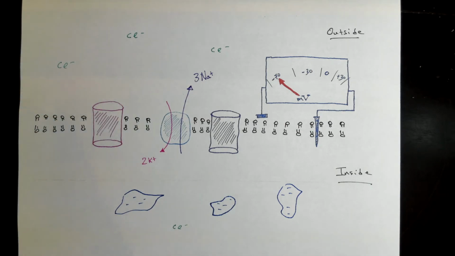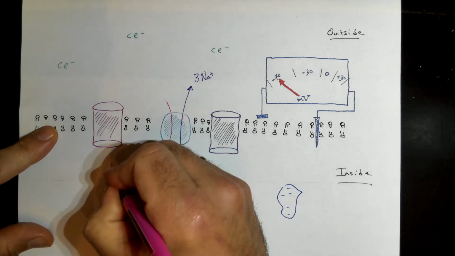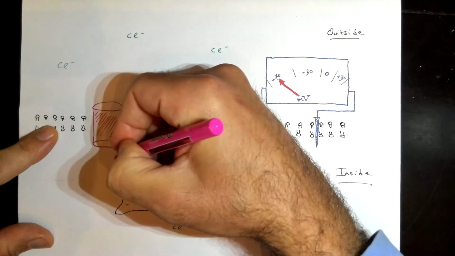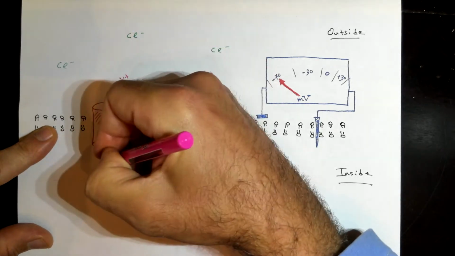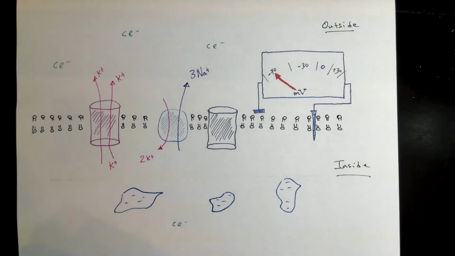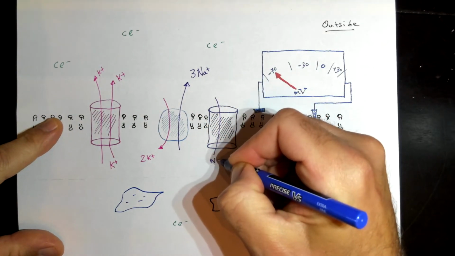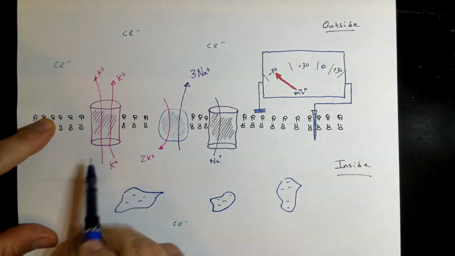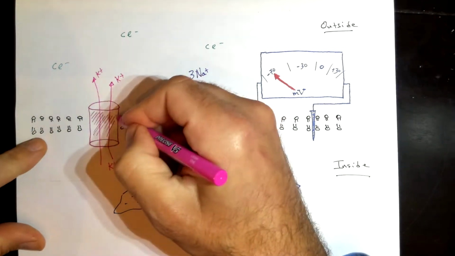On top of it, we already mentioned that the potassium leak channels are more leaky than the sodium leak channels. So you have more leakiness going on with the potassium.